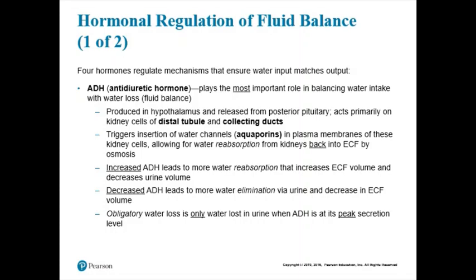And then on the other hand, if I'm highly hydrated, if I have a lot of water in my body, I'm going to decrease my antidiuretic hormone levels, which will cause no insertions of these aquaporins, which will allow me to eliminate the water in my urine and decrease my water levels. So it's all this type of negative feedback. If your water levels get too high, you'll do things to drop it. And if it's too low, you'll do things to raise it.